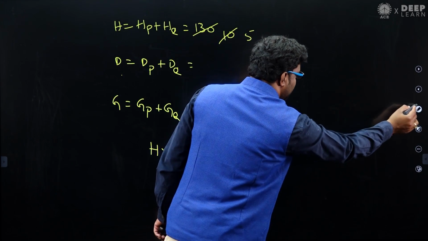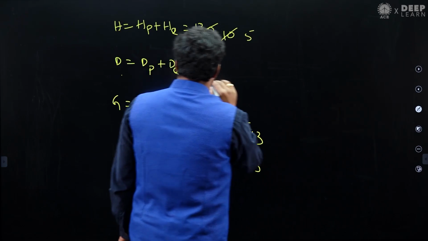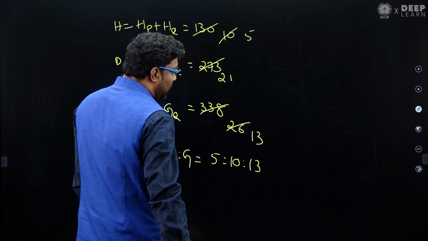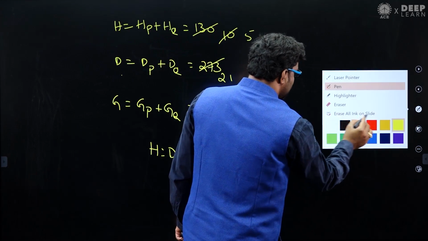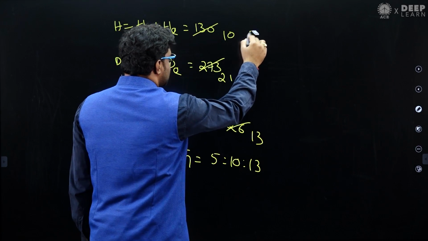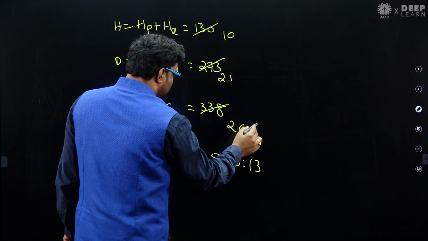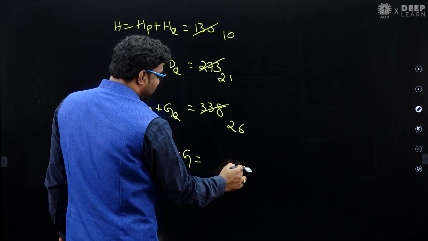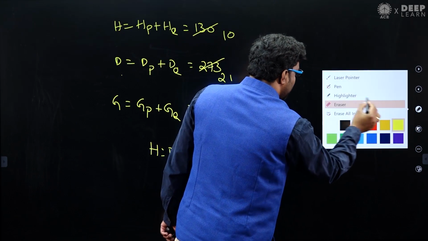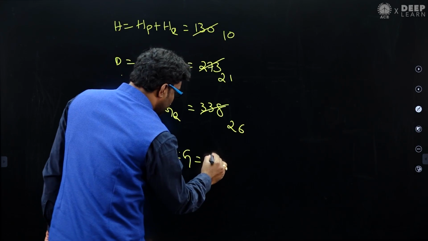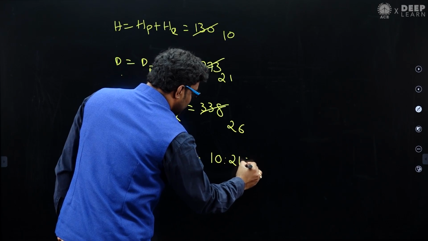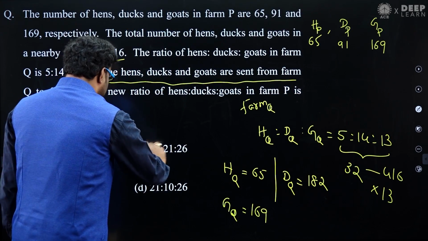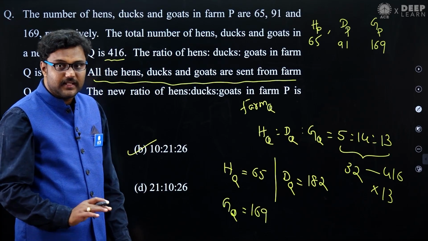When you go with 273, we're dividing with 21. So then 10, 21 and 26. No need to cancel this. So we got 10, 21 and 26, my dear friends. We can say it's option B, 10, 21 and 26.